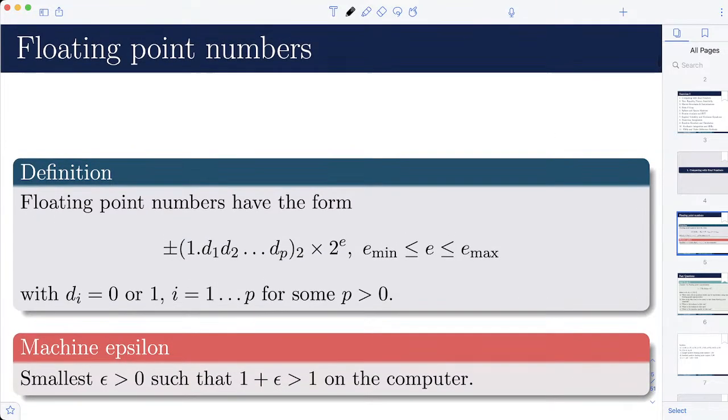So remember our definition of floating point numbers. Floating point numbers have this form over here. They have plus minus, so they can be signed or unsigned. They have the significand, or the mantissa, over here, and then we have our exponent field.